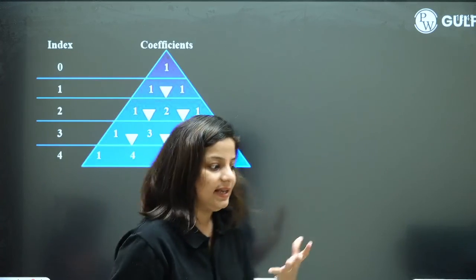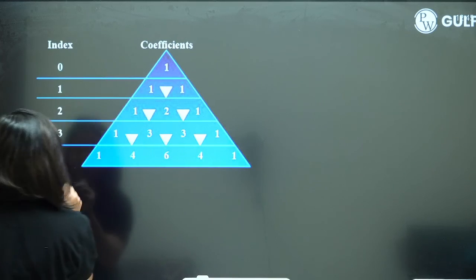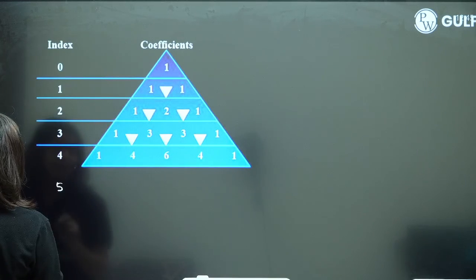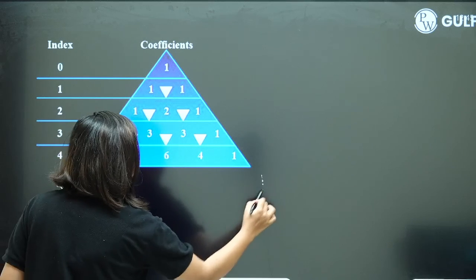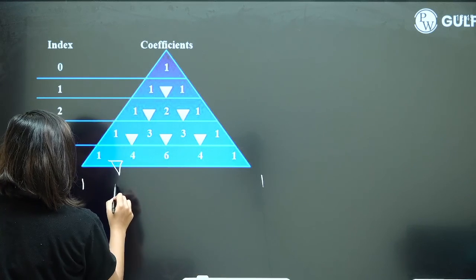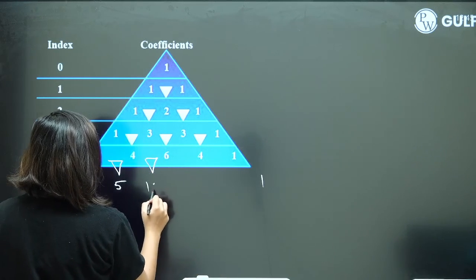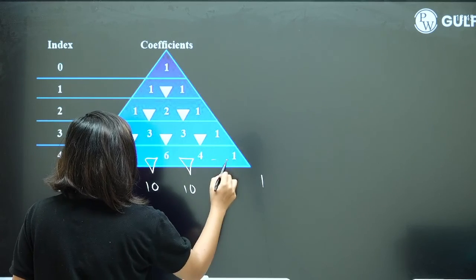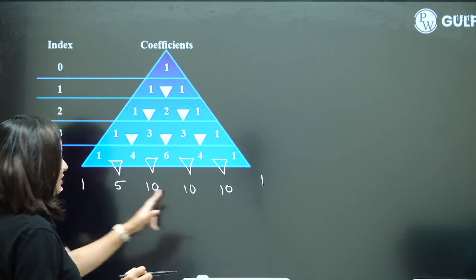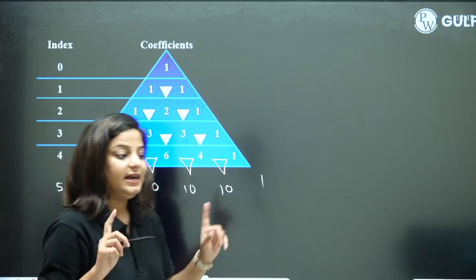How do we get the next coefficient? By adding, using Pascal's triangle. For example, if I want it for 5, starting and ending will be 1. Then you add 4 plus 1, 5. 4 plus 6, 10. 6 plus 4, 10. 4 plus 1, 5. So these are the coefficients for index 5.